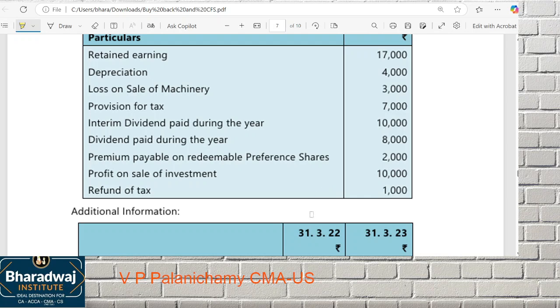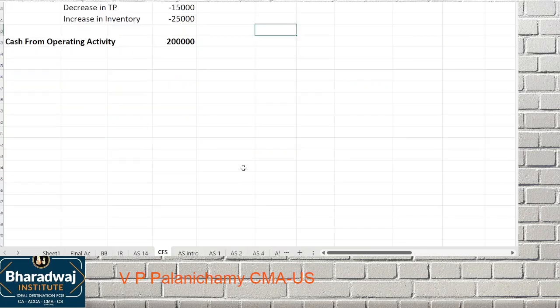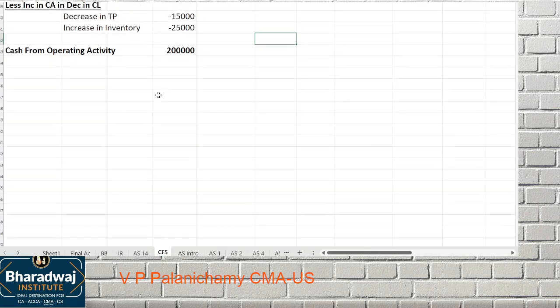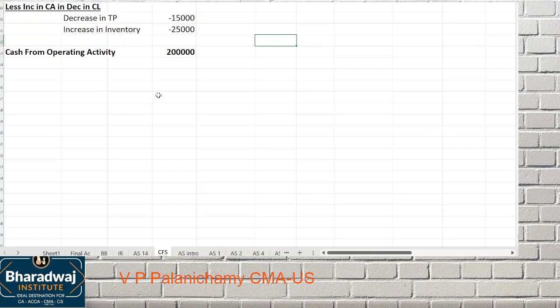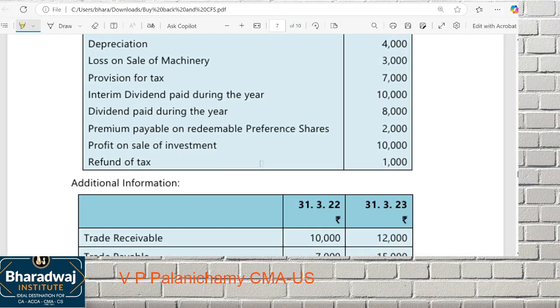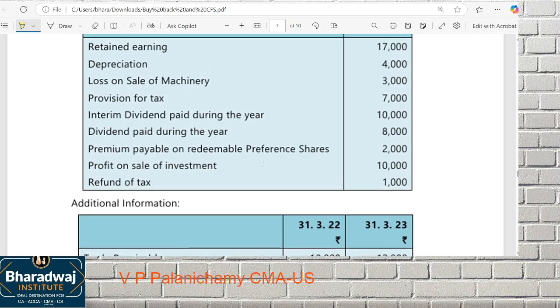What is the retained earning given to us in the question? 17,000. Any answer for this question? $34,600. Think about it.